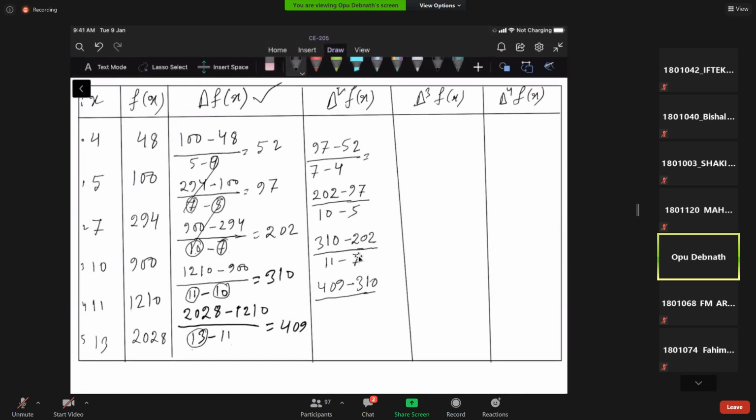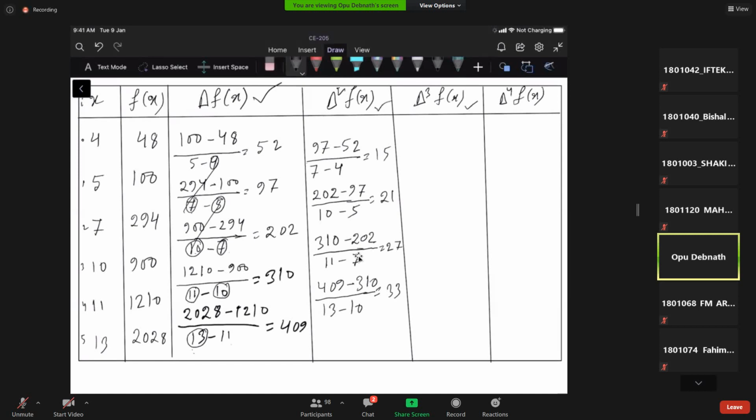The common one is eliminated, and second one minus first one, that means 13 minus 10. So you will find numerical values here: 15, 21, 27, 33. Simple calculation. Okay, and again the second one is complete.